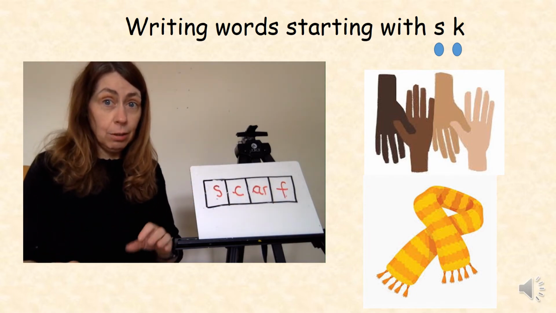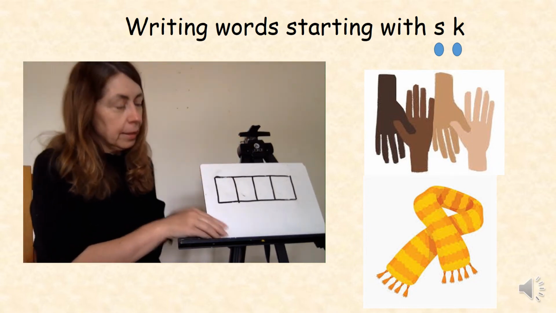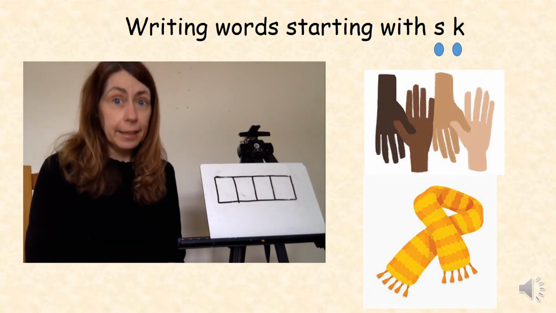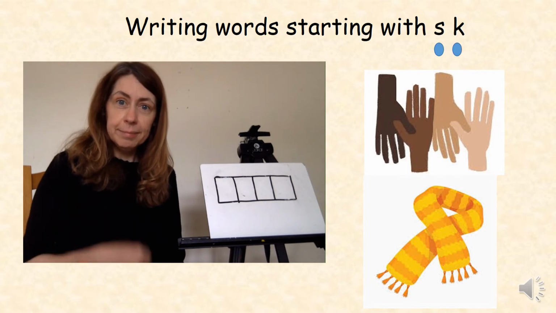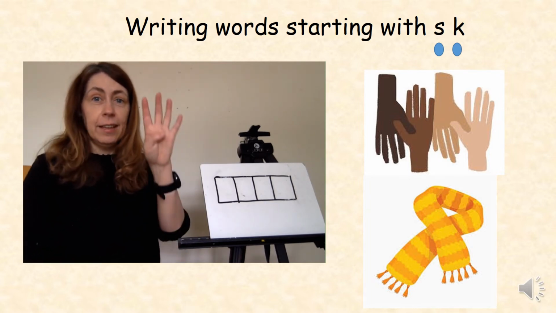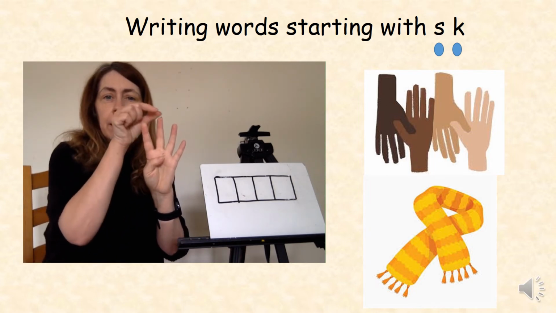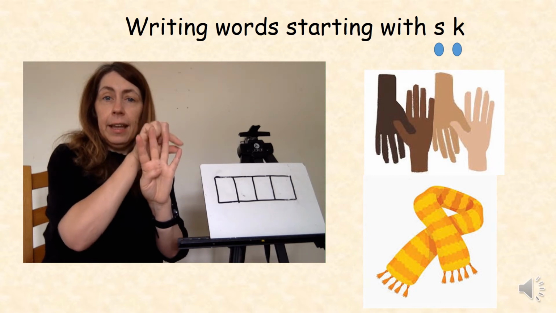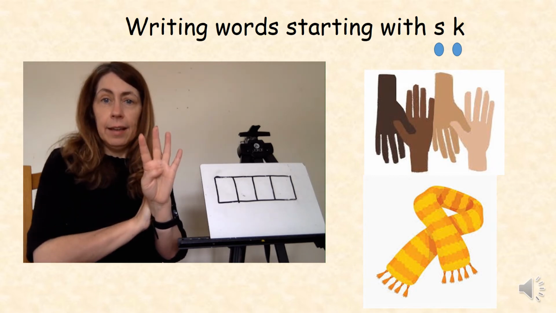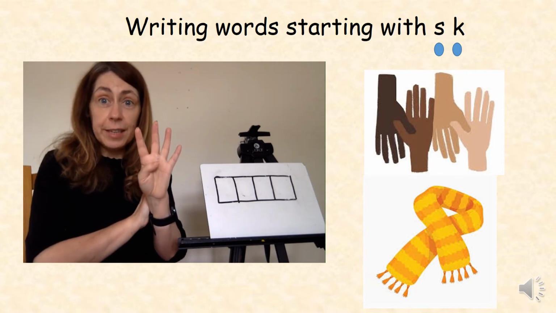Let's write another word. The next word is skin. Can you say the word skin? Fantastic. Let's use thread fingers. Everybody hold up 4 fingers. Skin. How many sounds has skin? That's right, 4. Let's do it again.